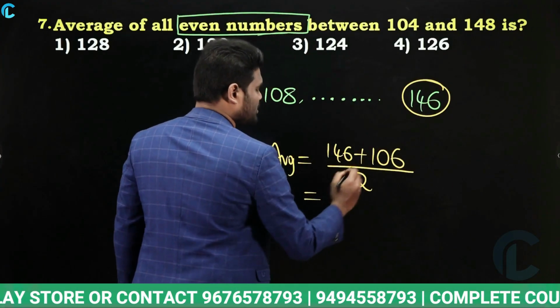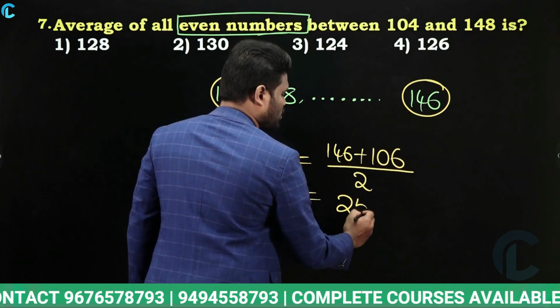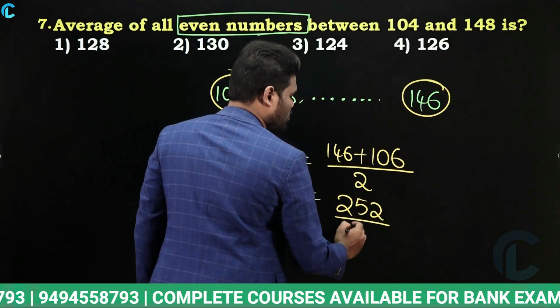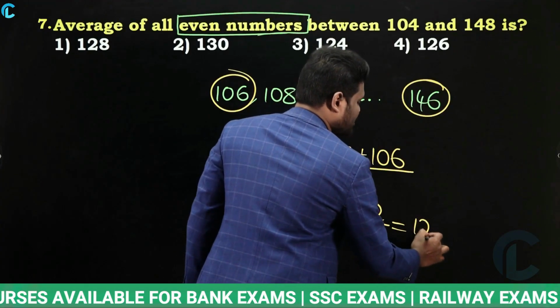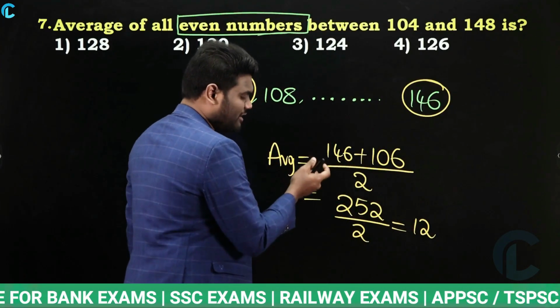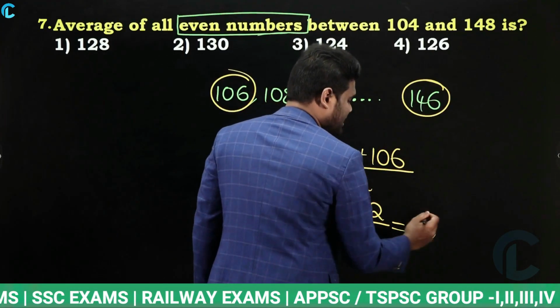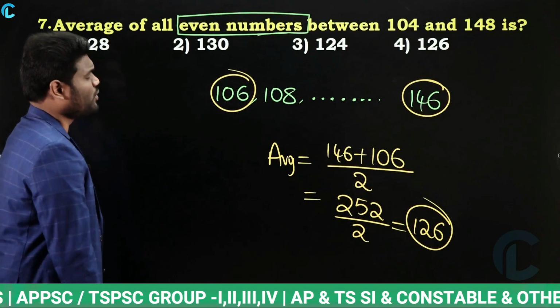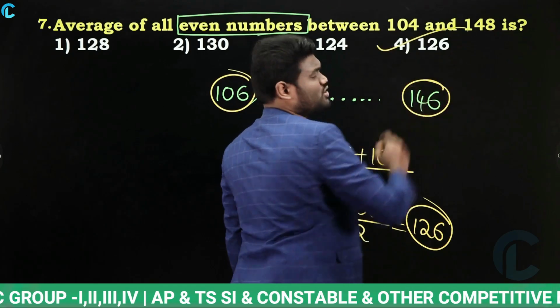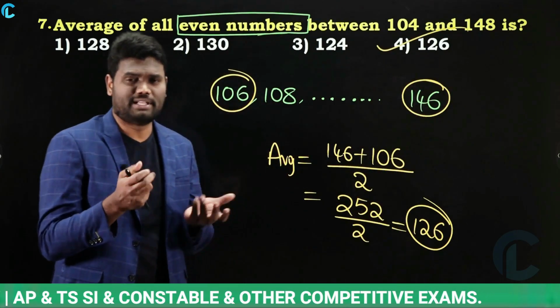Adding both gives 252. Now 252 divided by 2: 2 twelves are 24, and 2 sixes are 12, which means the answer is 126. Very simple and basic question.